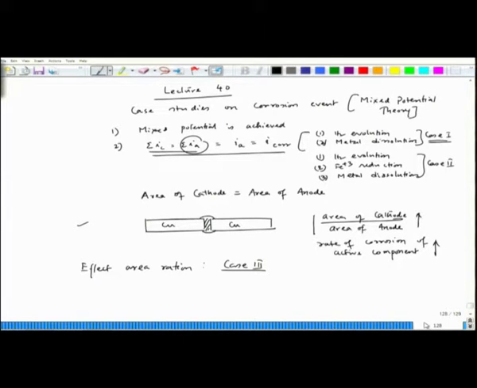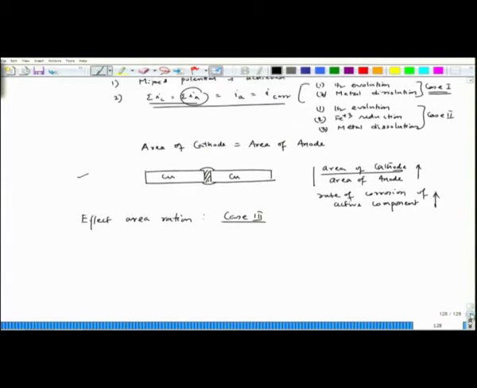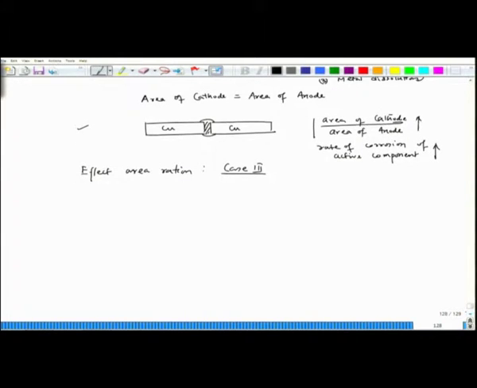In order to do that, we have to first look at the peculiarity in this particular situation. As we have seen, the Evans diagrams in the first two cases we explained on the basis of E versus log I. This I is the current density.